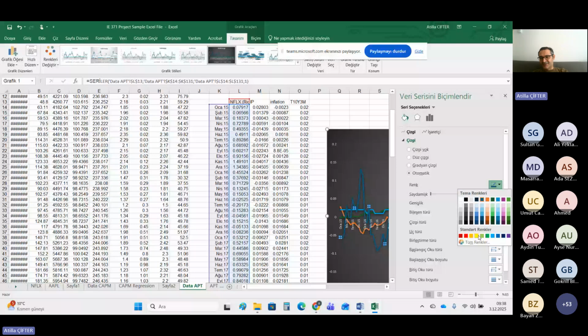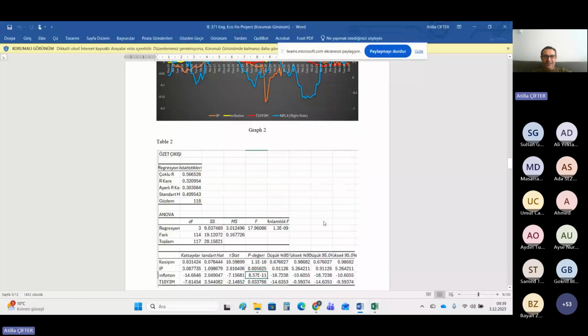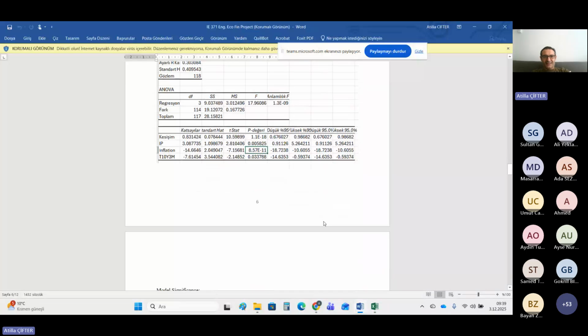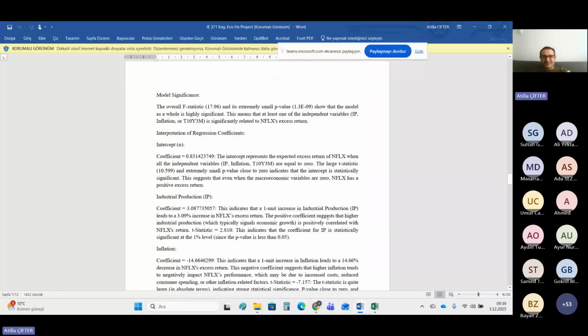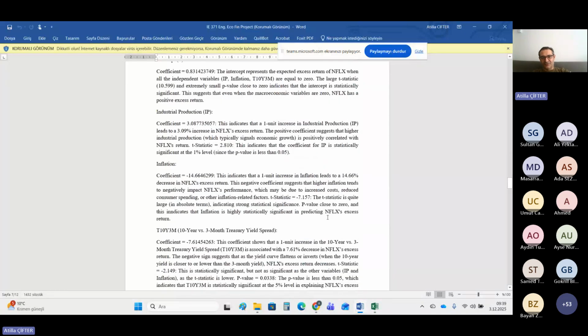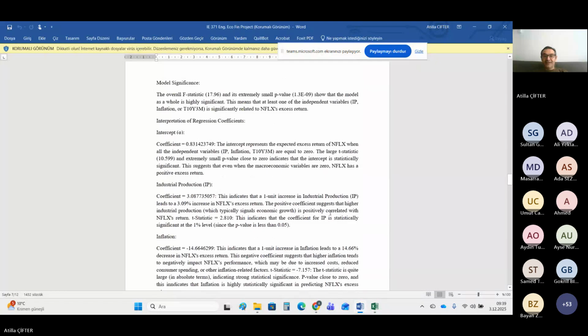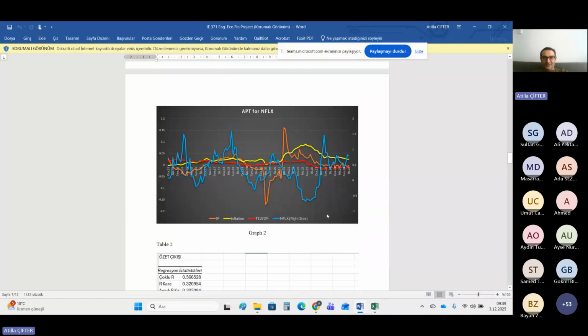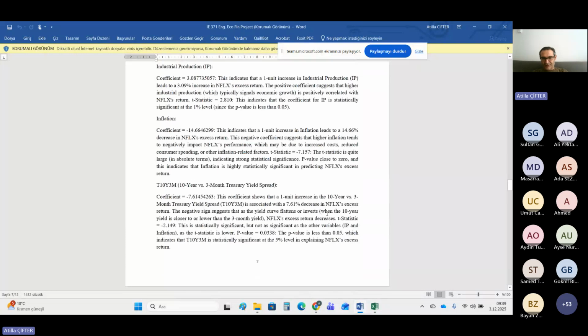You can change the colors and then take this graph and paste it to the Word file. And then you will see arbitrage pricing theory for individual stock, your first stock. This is the regression output. And these are the explanations: model significance, intercept, industrial production, inflation, and interest rate differential. So you need to update all of these variables, graph, table, and the numerical findings, right?